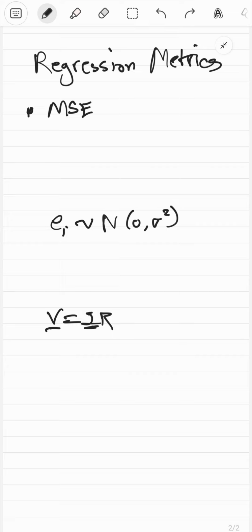You're doing some experiment, but your measurements aren't exactly accurate, so you sometimes get small errors.